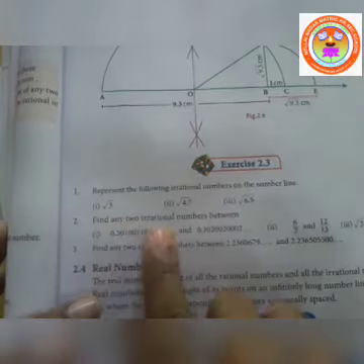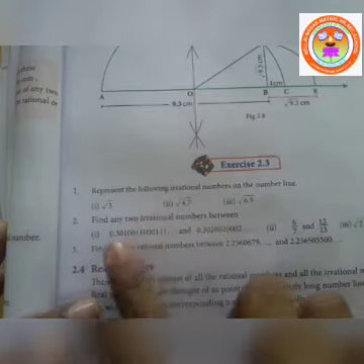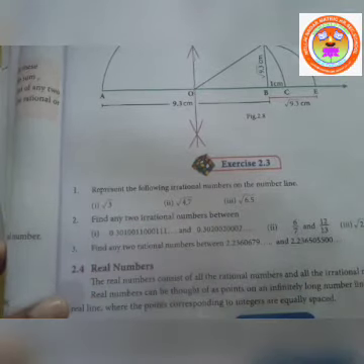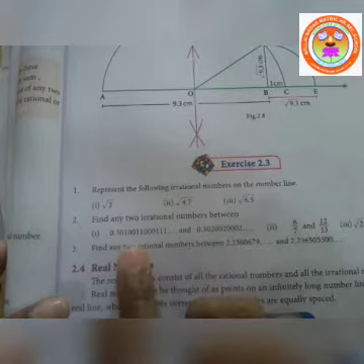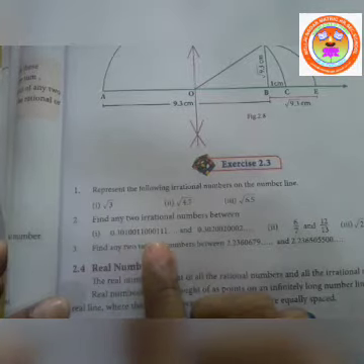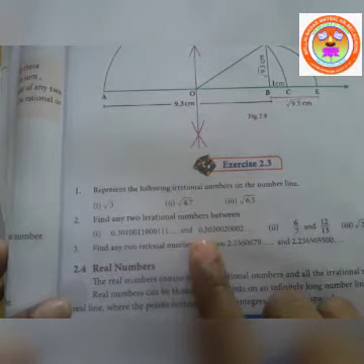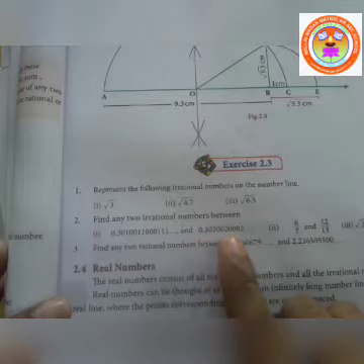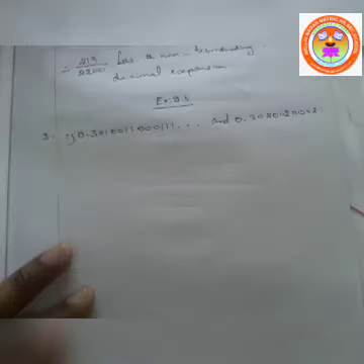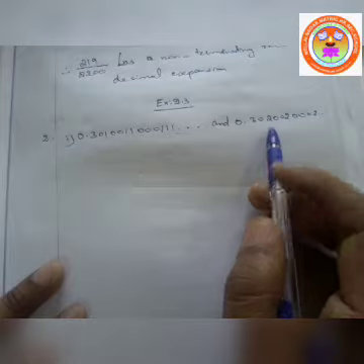Find any 2 irrational numbers between 0.3010011000111 and 0.302002002. So here is subdivision 1.